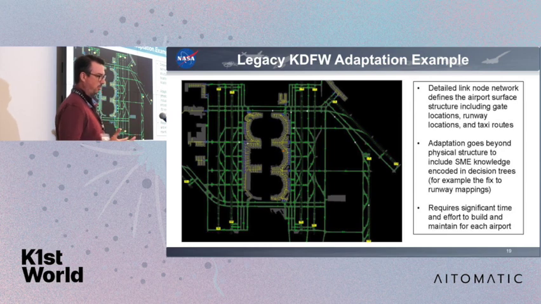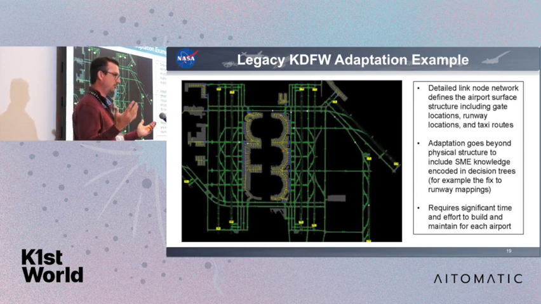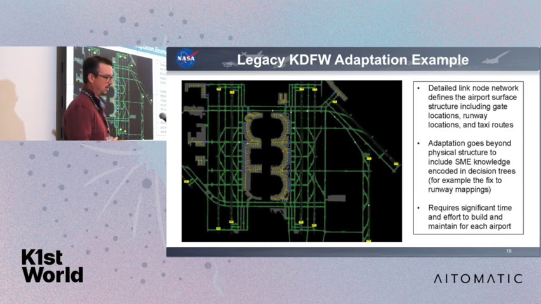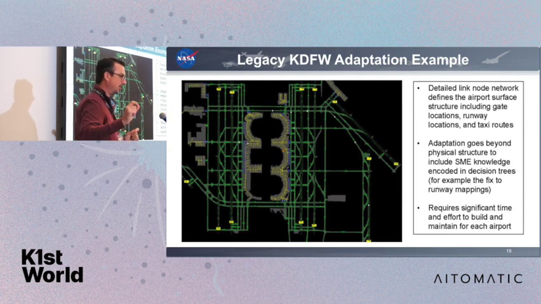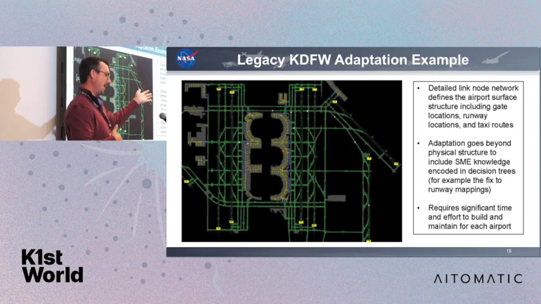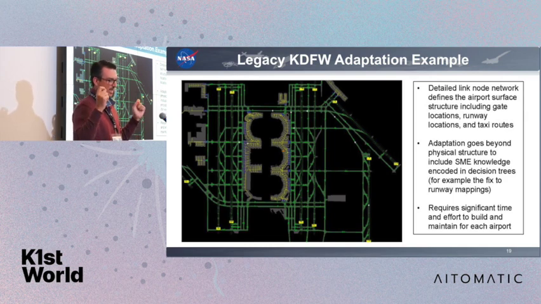For each airport and also the airspace in general, we needed effectively detailed blueprints of the airport. We needed then to generate a link node network on that airport. Once you generate a link node network, you can have a trajectory from the gate to the runway, and you know the route it's going to take. You can propagate it at a particular velocity, and you could say, great, going from gate A to runway X takes 3 minutes, 14 seconds, and you have your unimpeded trajectory.